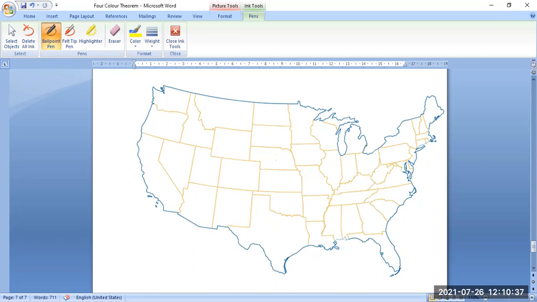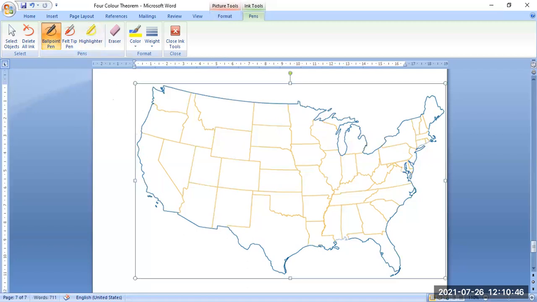Start from any corner, right? From here it is red. Then adjacent to this, there are two parts.